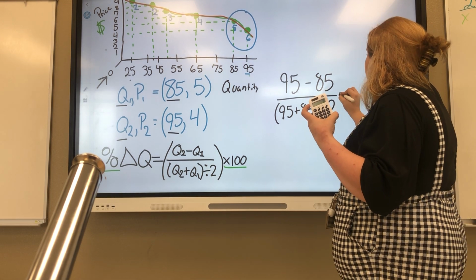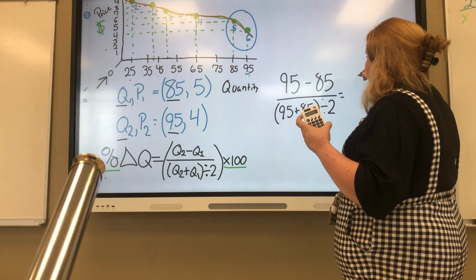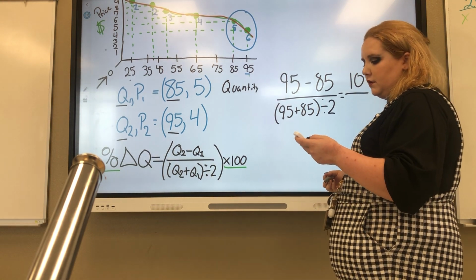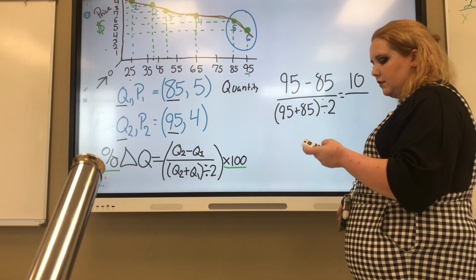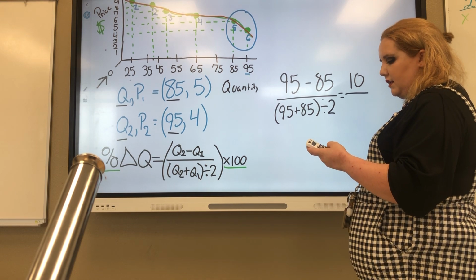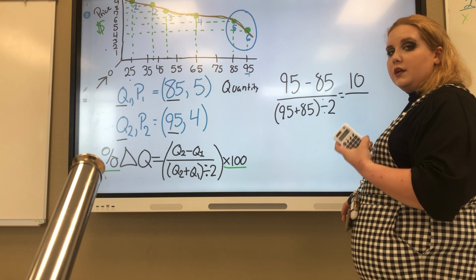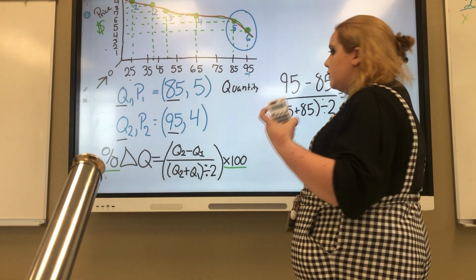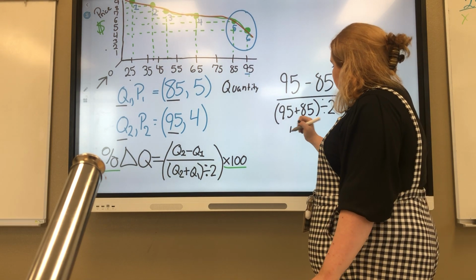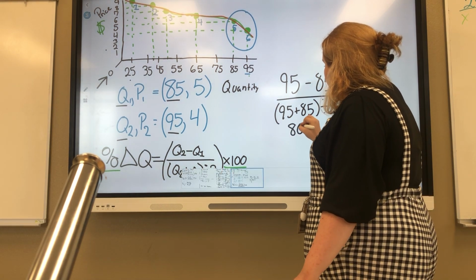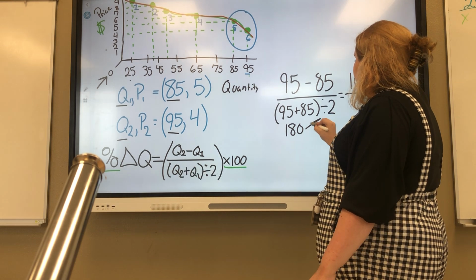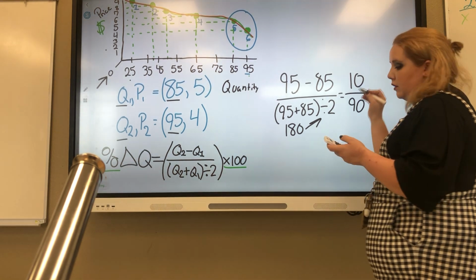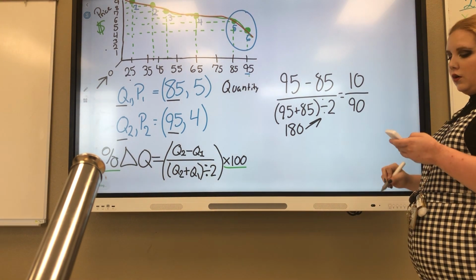Okay? So we're going to say 95 minus 85 is going to give us 10. Nice and easy. Then we have to say 95 plus 85 equals 180. Now I could do that math in my head, but why would I want to guess myself? If I add them and they equal 180, I'm dividing that number by 2. So it's going to leave me with 90. So now you have 10 over 90.